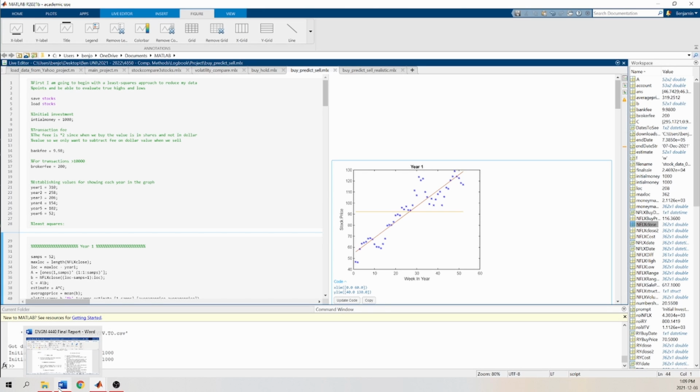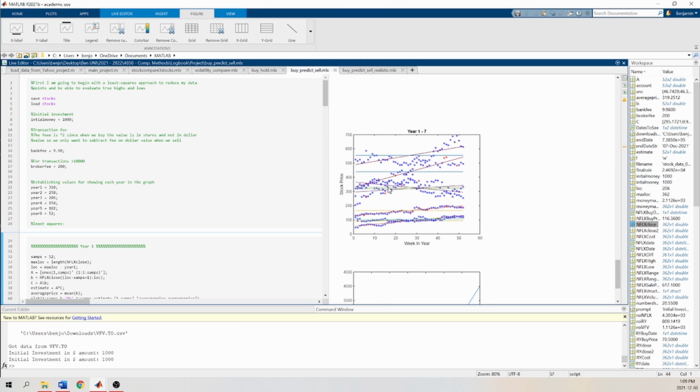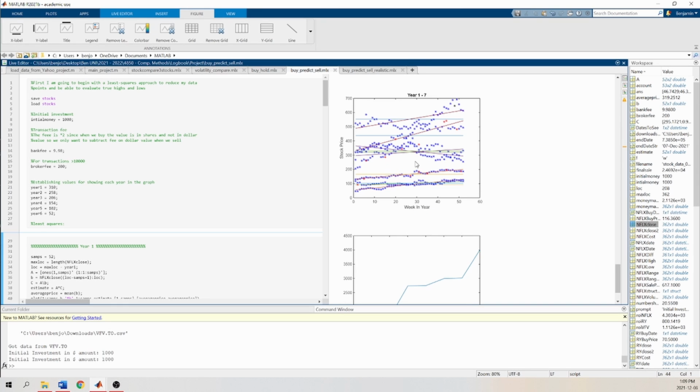I plotted the graphs on top of each other, and so I'll move to the final year, year 7. So you can kind of see here year 1, year 2, year 3, year 4, 5, 6, and 7. And we can see also the red dots is where I bought and sold.